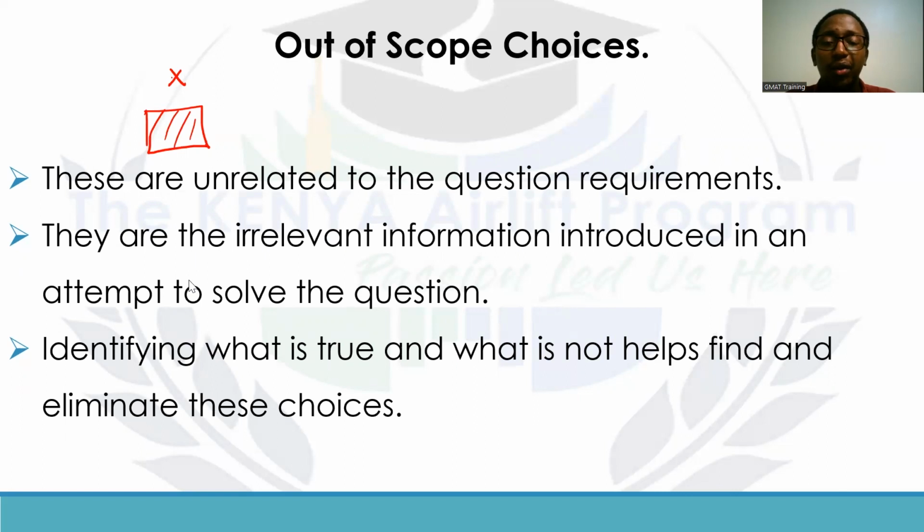How and why? Especially when you understand the question stem, and of course fully understand the information given in your stimulus, you can easily tell out of scope choices from the choices that seem out of scope but are actually relevant.